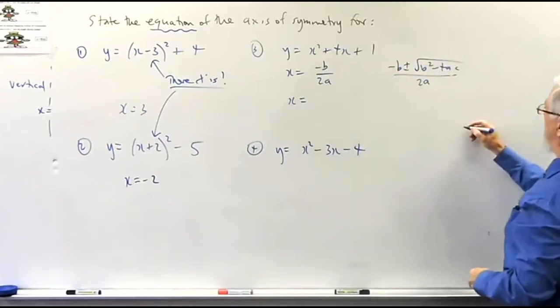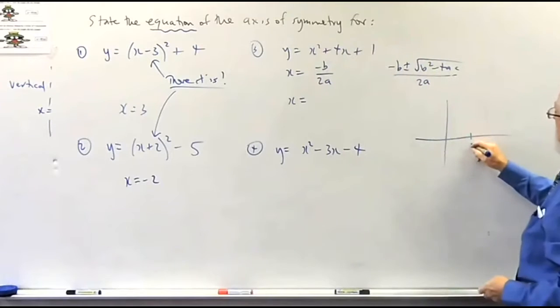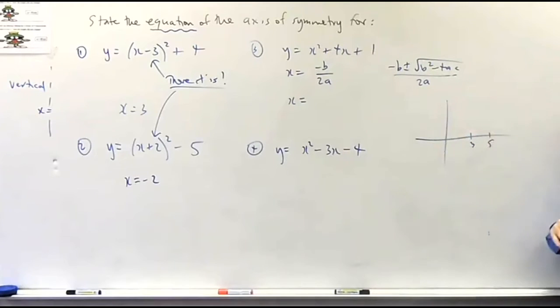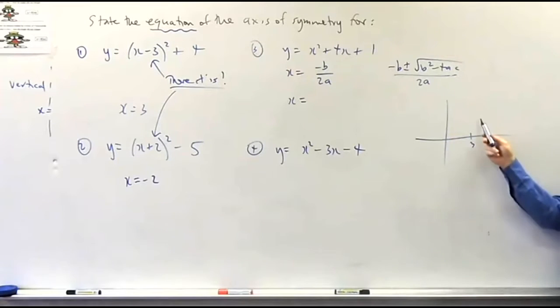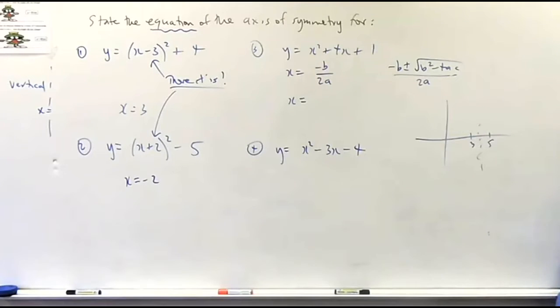If the 2 of them turn out to be, let's say, 3 and 5. What's the axis of symmetry? What is it? 4. So how do we get the 3 and the 5? By adding 1 and taking 1.